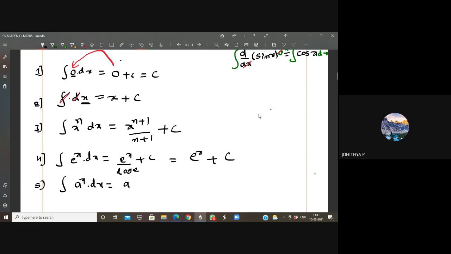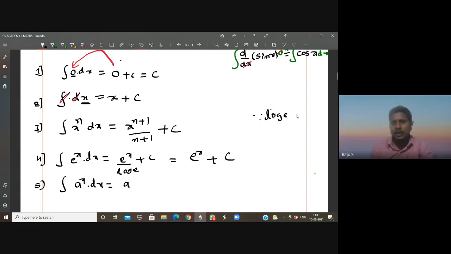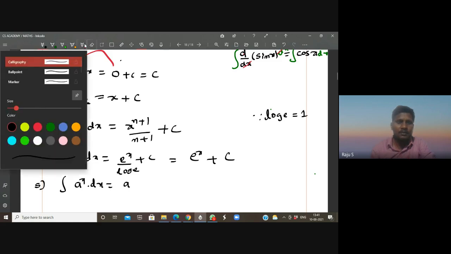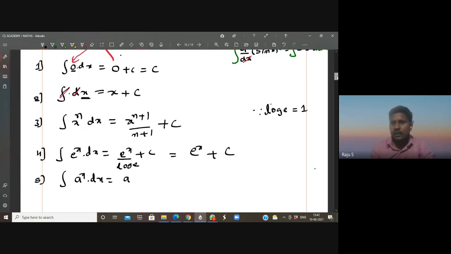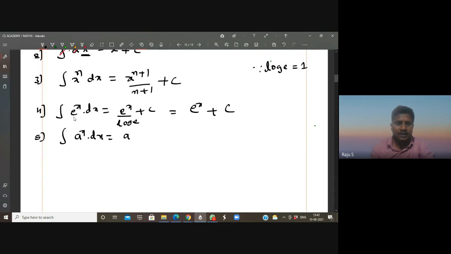Log e value is always 1, because the base is always e. So we do not write it; whenever we write the integral of e power x, we simply write e power x, because it is actually divided by log e. And a power x is also the same: a power x by log a, log a base e, plus c. This is the formula.